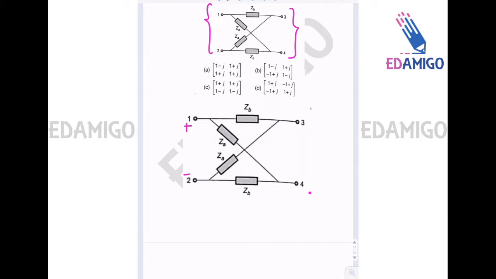So this is V1 voltage, this is V2, here current is I1, current is I2, current will be I1 and current will be I2.